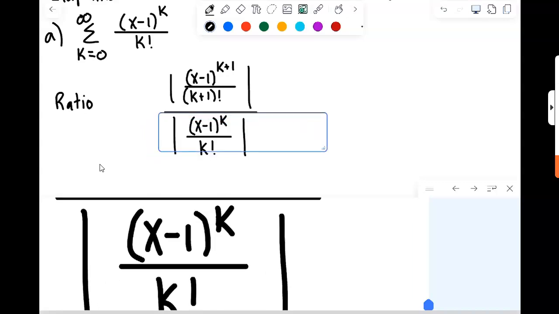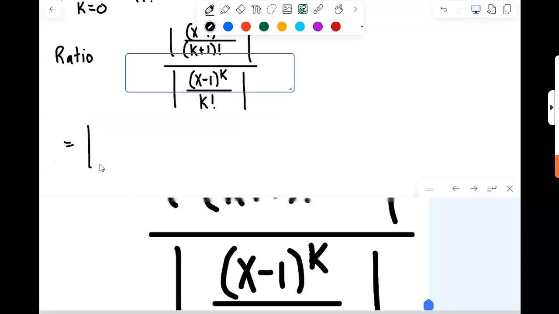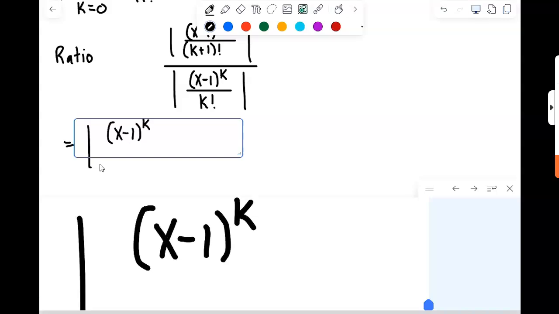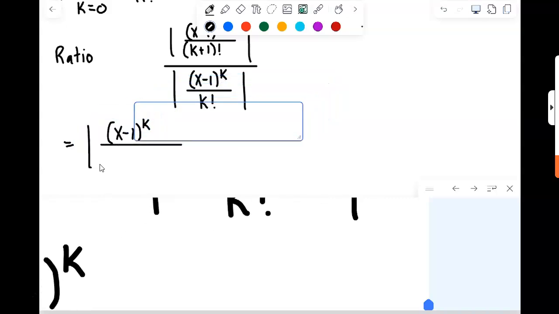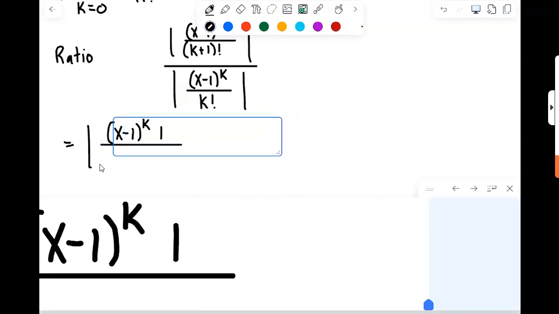And then we want to simplify that. So put it all under one big absolute value. x minus 1 to the k plus 1, sorry, goes on top. Because we're dividing by that, the k factorial will also go on top.